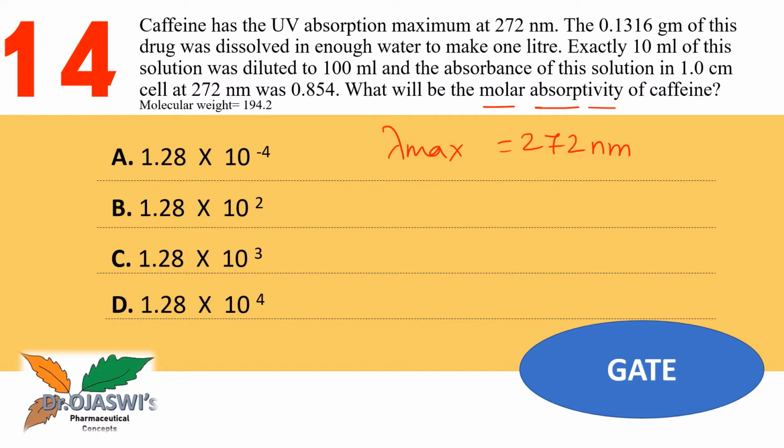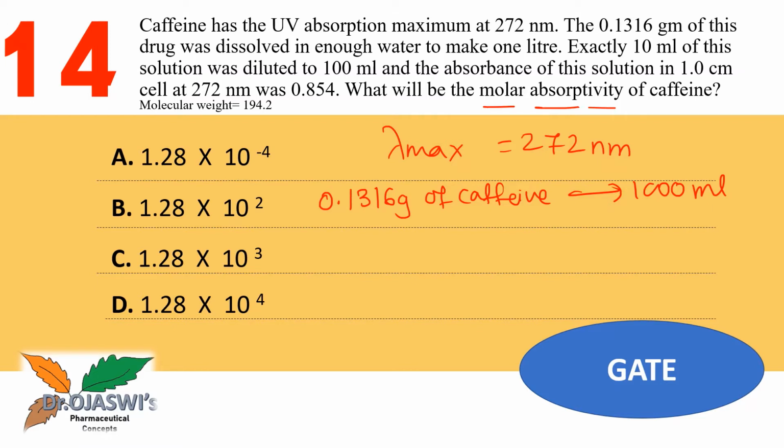0.1316 grams of this drug was dissolved in enough water to make 1 liter. So 0.1316 grams of caffeine is dissolved in 1000 ml, that is 1 liter of water. Exactly 10 ml of the solution was diluted to 100 ml.